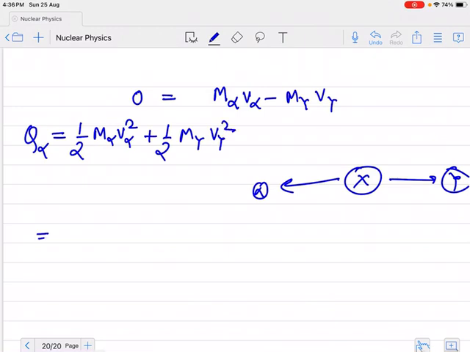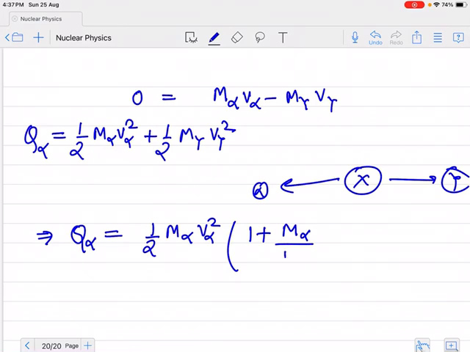Now Q alpha is equal to half m alpha v alpha square times 1 plus m alpha upon m y. I just take m alpha common, and so it becomes this.